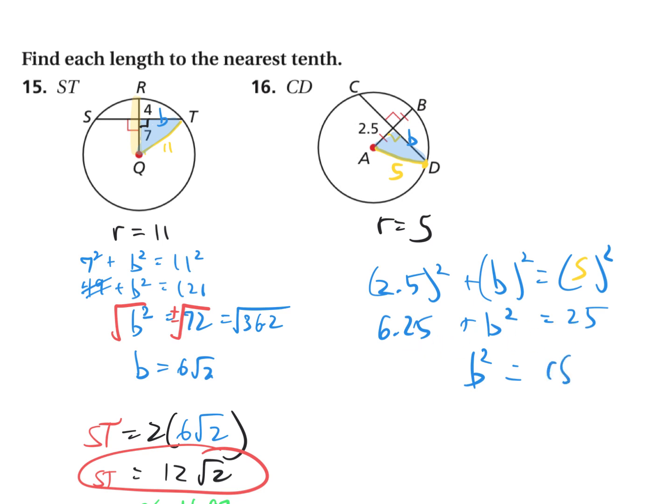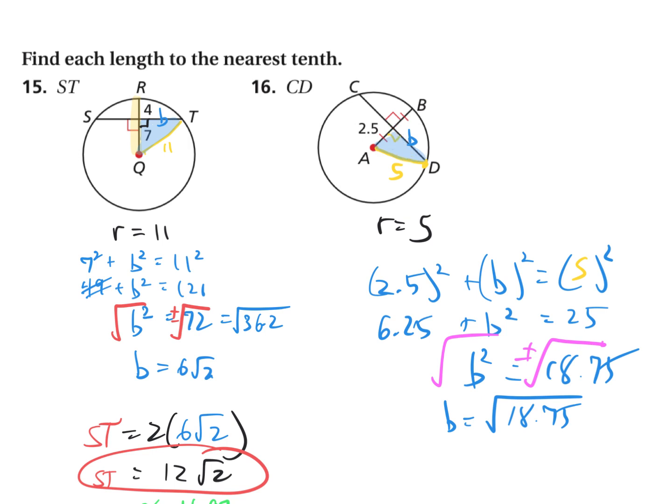Alright, so taking the square root of both sides, don't forget algebraically there'll be 2 solutions, but we only want the positive one because it's a length. And we have B equals the square root of 18.75. That's the exact answer. And the decimal approximate. We need to know the distance from C to D, which is 2 B's.